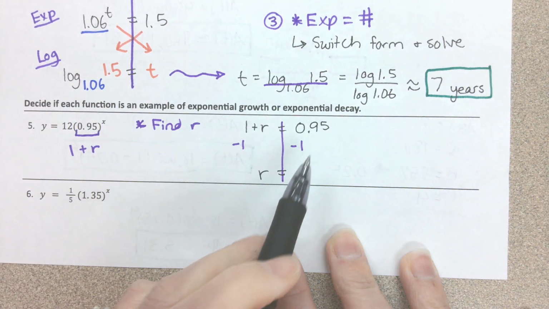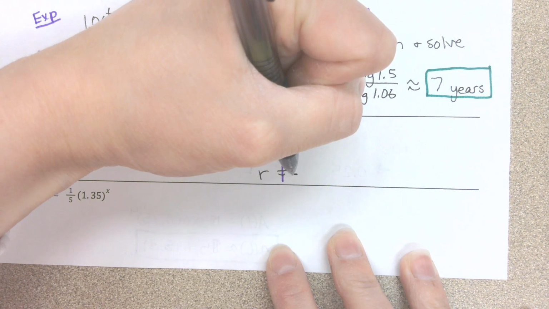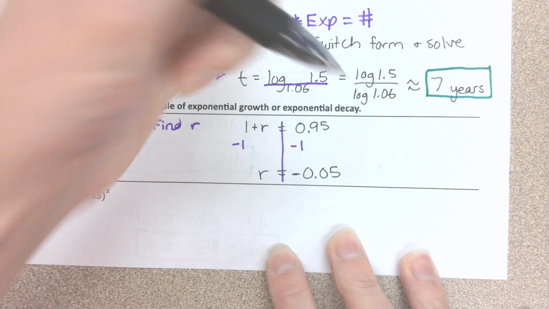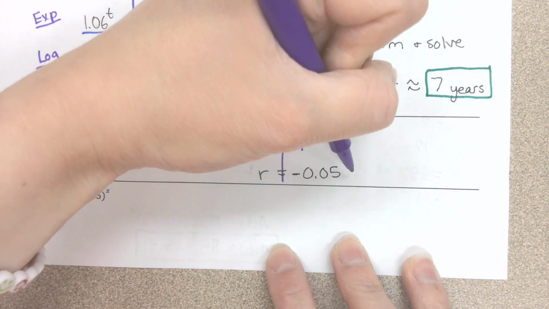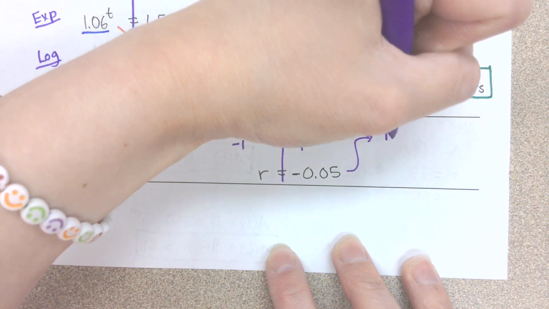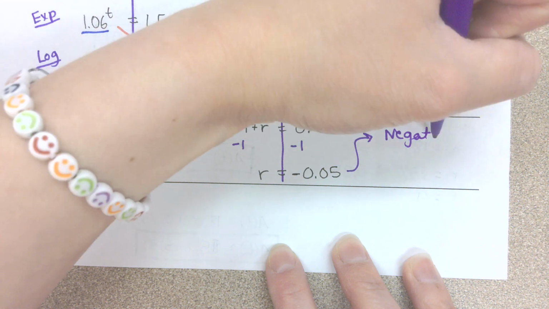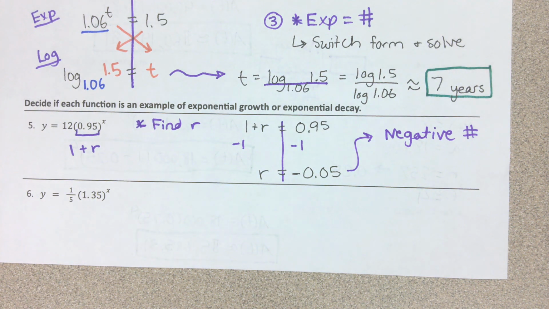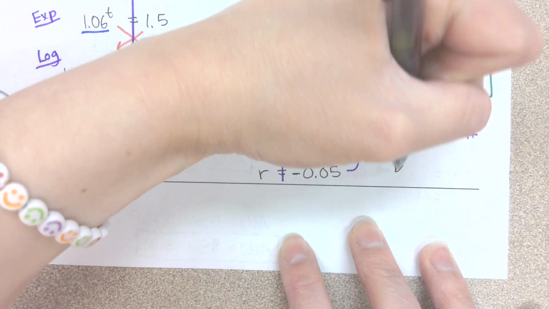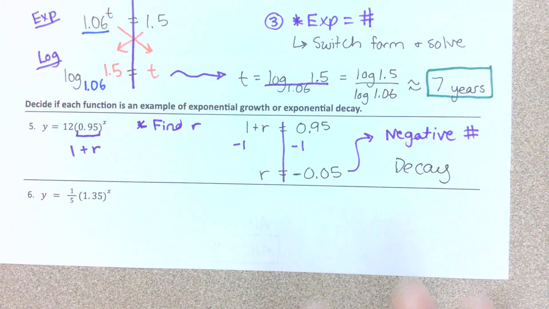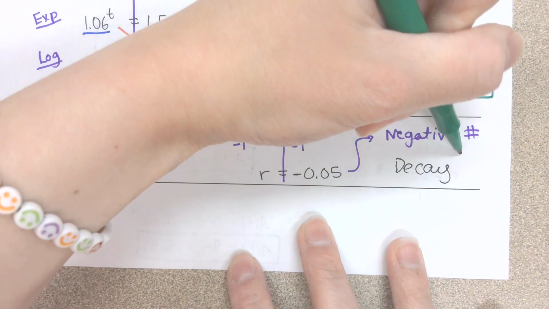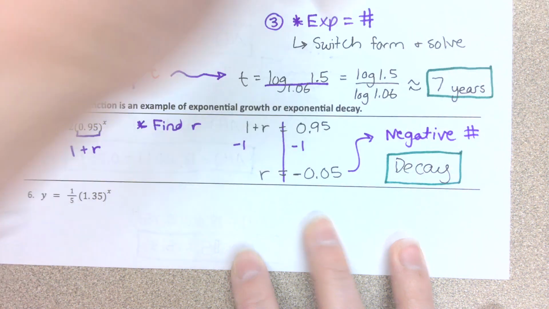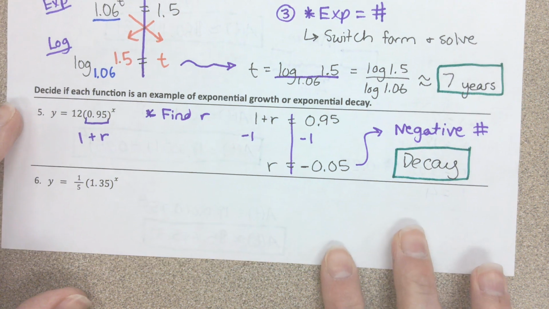R equals, if you subtract this, negative 0.05. We got a negative number, so what do we think? Growth or decay? Decay it is. If your rate is going down, you are decreasing.